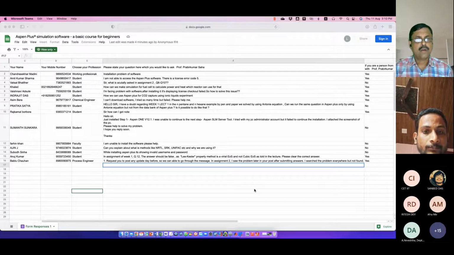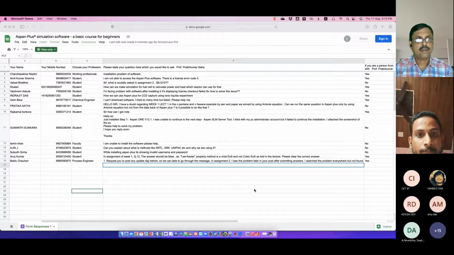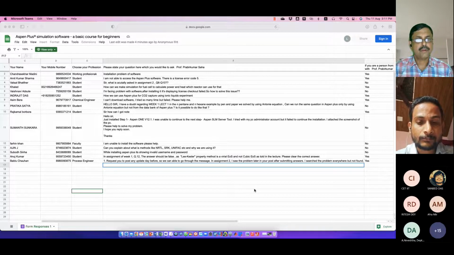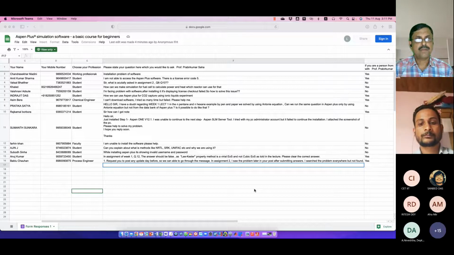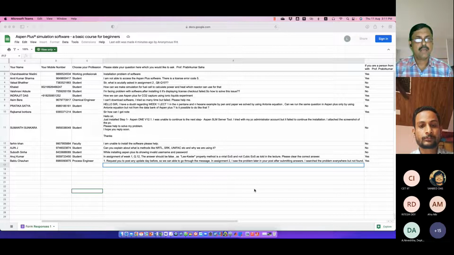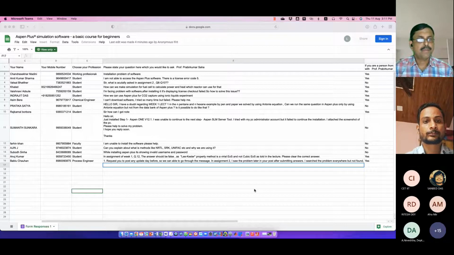I don't know why you're not able to download it, but it's a huge software, more than 10 to 12 GB. So you have to be patient. Probably you should have some kind of download manager, so that if the link breaks after some time, we should not be starting from the very beginning. That kind of aid can help you.